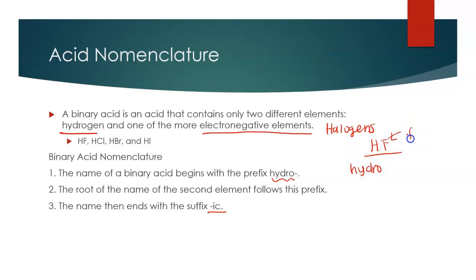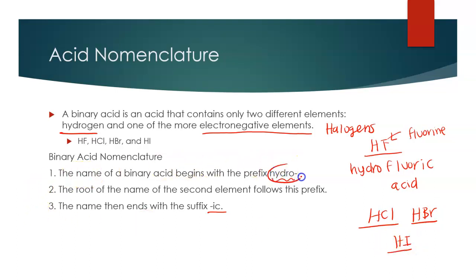F is fluorine, so the root of the name would be fluor, and then it would end in "ic," and we'd add the word acid. So hydrofluoric acid. Similarly, HCl would be called hydrochloric acid, hydrobromic acid, and hydroiodic acid. So the only time that you see that hydro prefix is if it's simply two elements together.